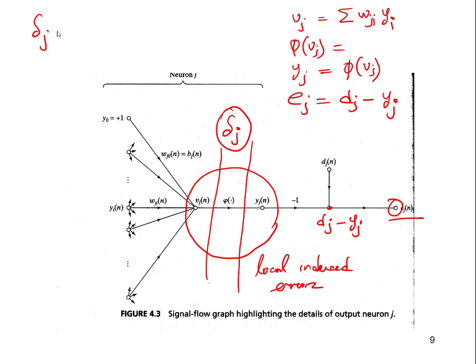So what can define a local induced error? The local induced error is defined in the optimization with respect to the incoming input, as a partial derivative. In this neuron, the input portion is Vj.